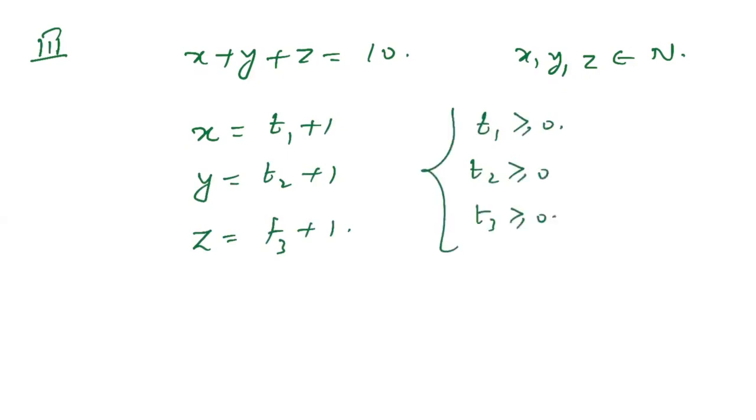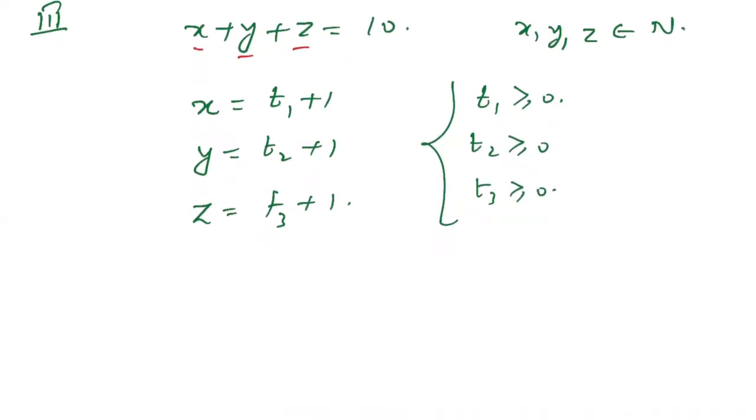These 3 cases are there. So if in place of x, y, and z I put t1 plus 1, t2 plus 1, and t3 plus 1, I get t1 plus t2 plus t3 is equal to 7.